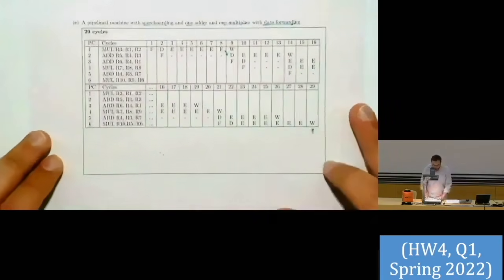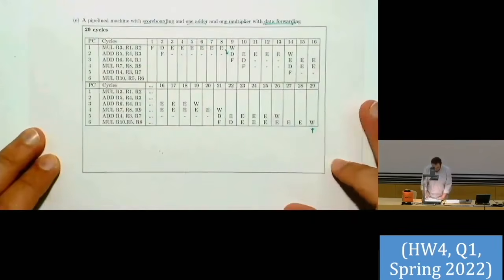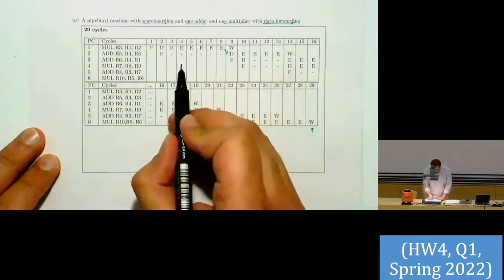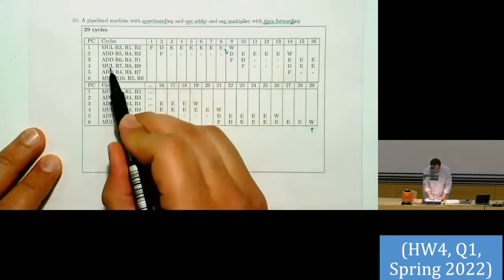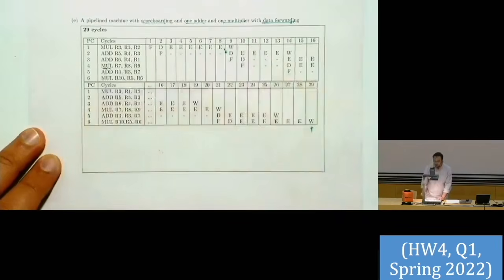Yes. Go back to the example. Which one? This one? In the line where C is stored, where does the multiply unit become free? So there's another bottleneck here.